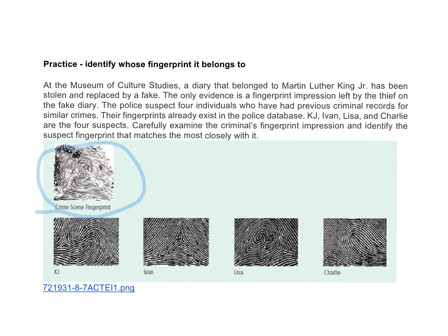Usually when you leave a fingerprint, you don't leave the whole fingerprint. So the police have four suspects: KJ, Ivan, Lisa, and Charlie. So pause the video and study the patterns on the crime scene fingerprint, and come back here and tell me who is the criminal.